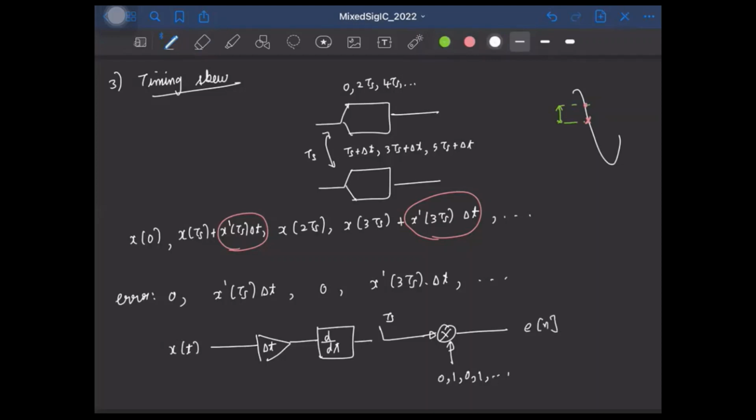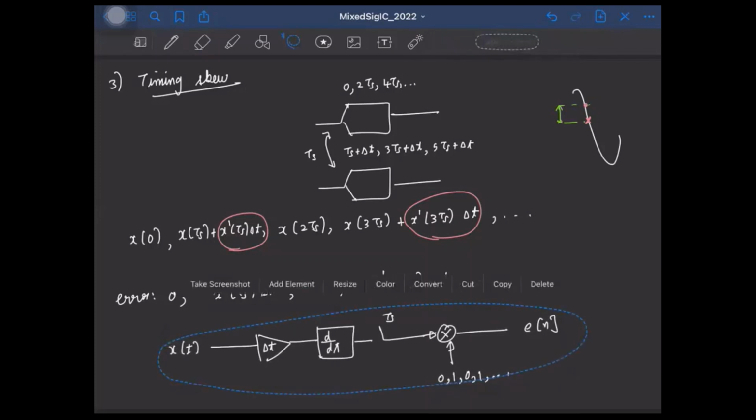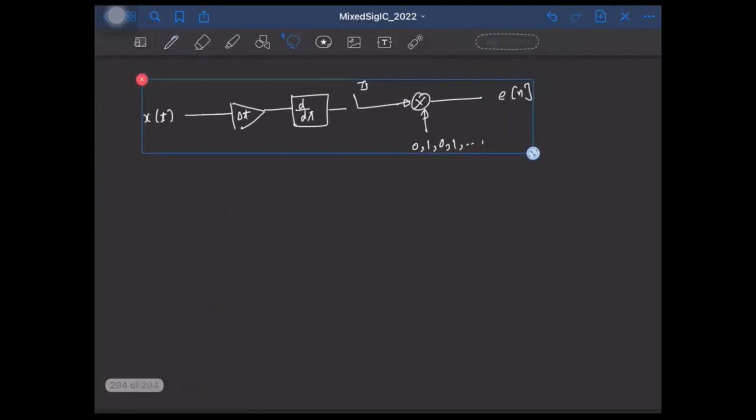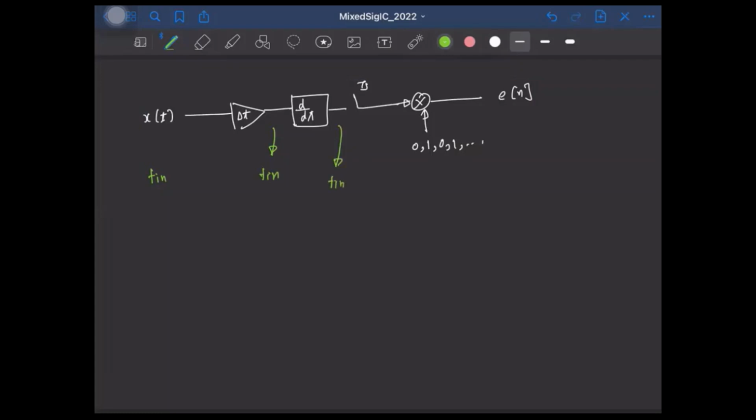So let's see what will be the spectrum of the signal. So let me copy paste it. So let's say I give a sinusoidal frequency Fn. So here also you'll have Fn. Even after the derivative, the signal frequency is going to be the same. So this is getting sampled, and this sequence of 0, 1, 0, 1 can be decomposed as a sum of a DC term plus a tone at Fs by 2, right?